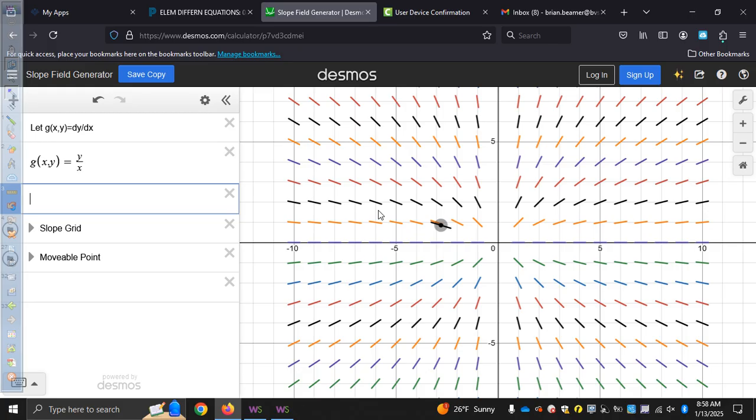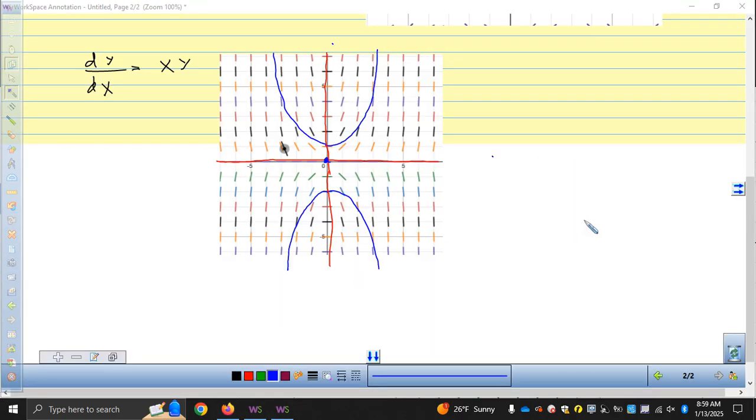So along x equals 0, it's undefined. There's just no slope. That's true. I kind of like that one. Yeah, that one's kind of interesting. It looks like you're zooming into something, like the Star Wars reference, like the speed when they jump into hyperspace. That's the differential equation y over x.